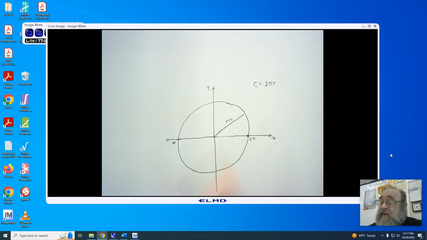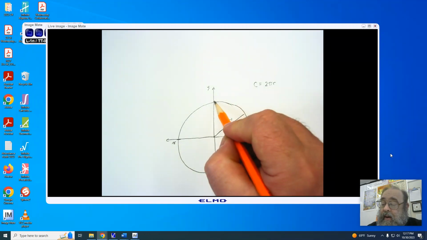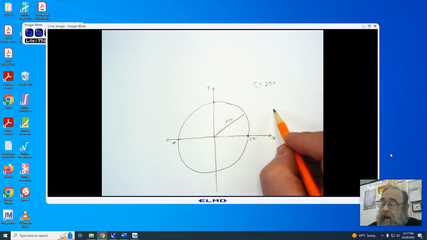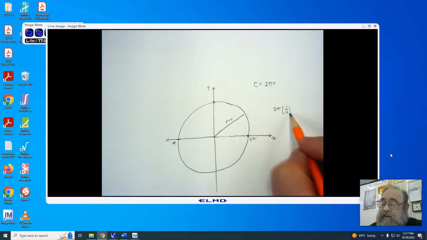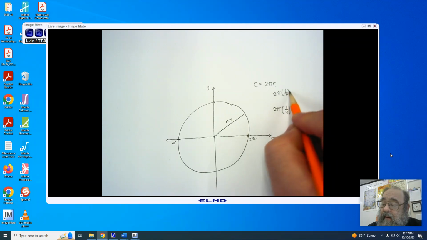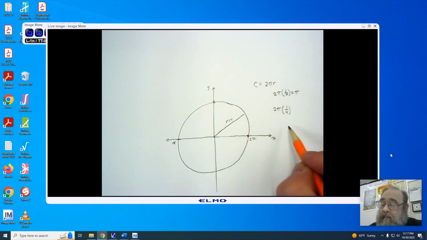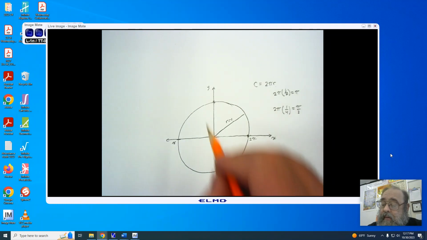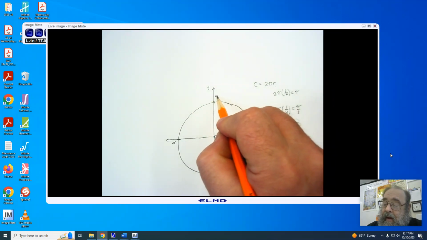Notice that 2 pi times r is right here, pi times r is right here. Well, if I want 1/4 of 2 pi, notice I just did 1/2 of 2 pi, and I got pi. If I do 1/4 of 2 pi, I get pi over 2, and that's now up here.